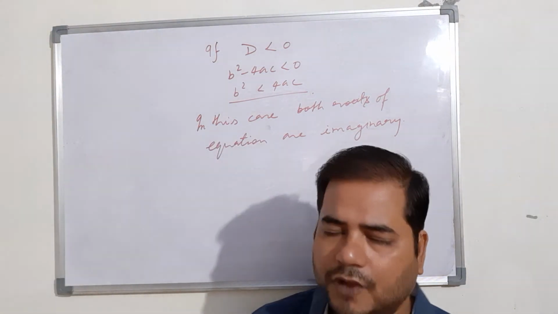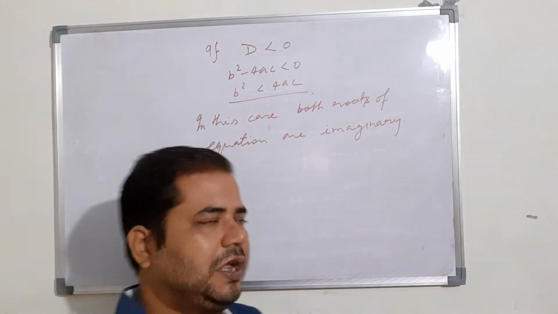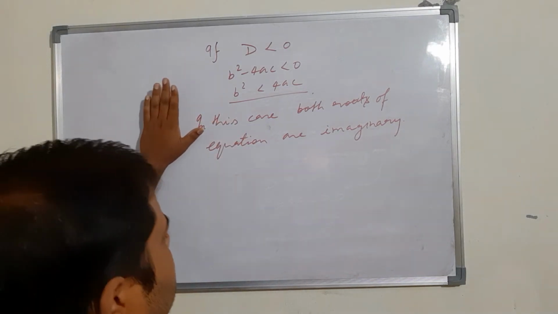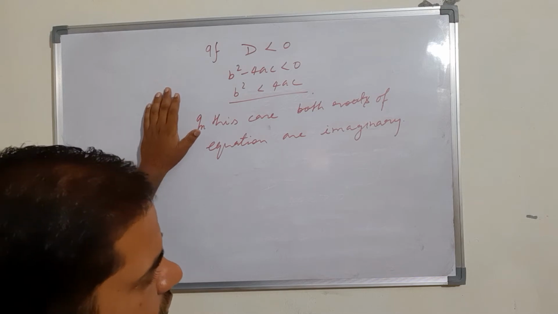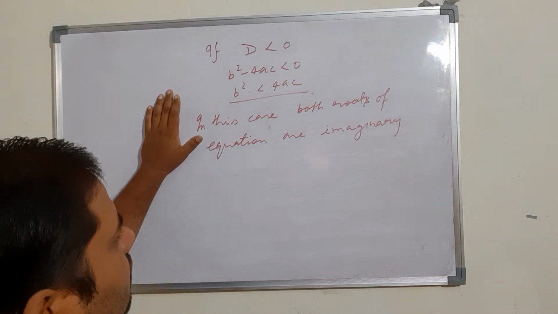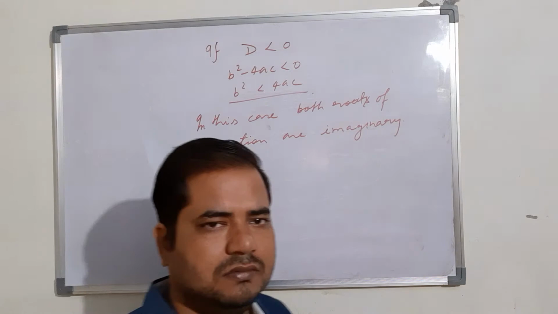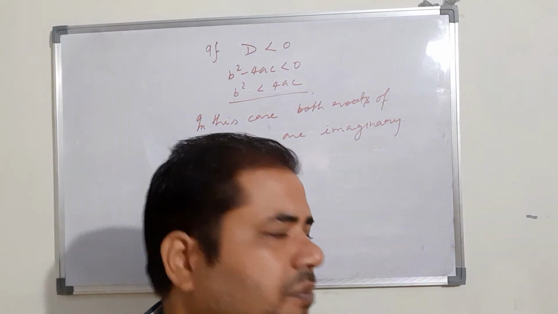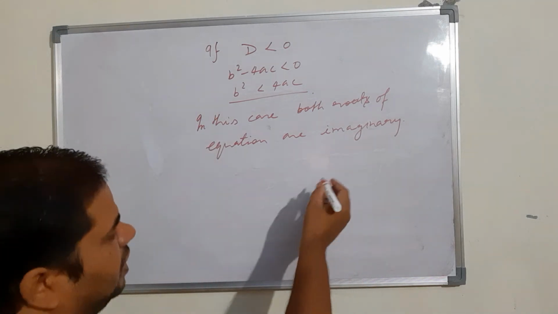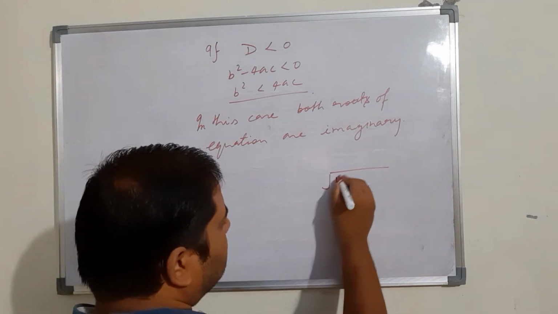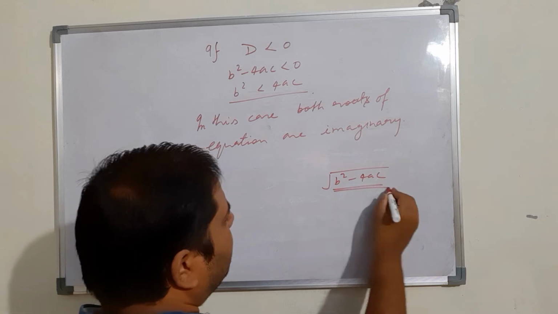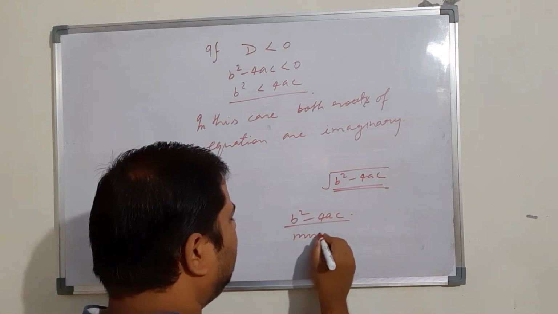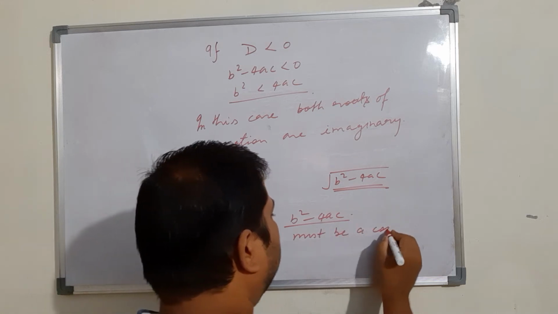Okay. Now, the next thing, only these three conditions are given in the book, but one more condition is also there. When the roots are rational, listen carefully, when the roots are rational numbers, then this b square minus 4ac must be a complete square.